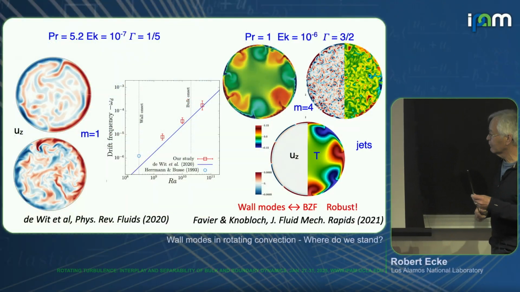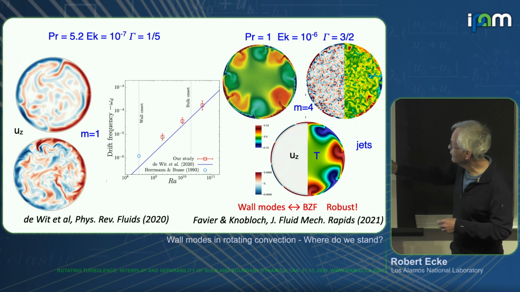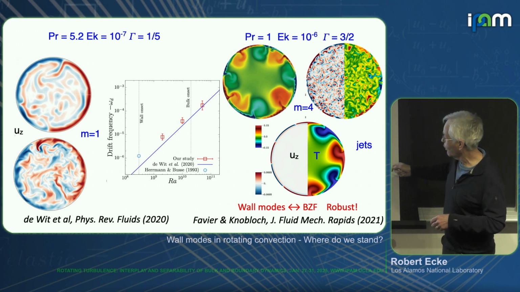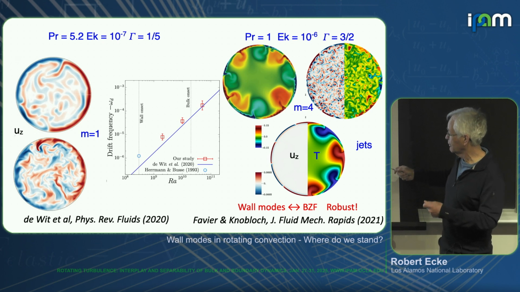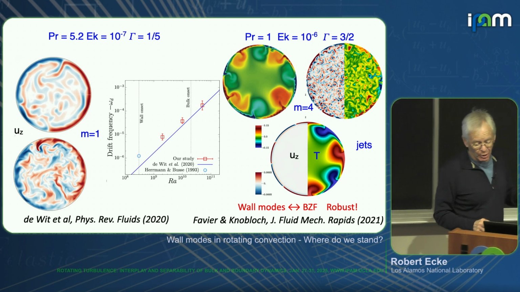And that's important, and we understand why that is now. And they also observed this jet instability. Rudy also saw that the wall mode, as it became more nonlinear, produced lateral jets into the flow, which I'll show you more about.